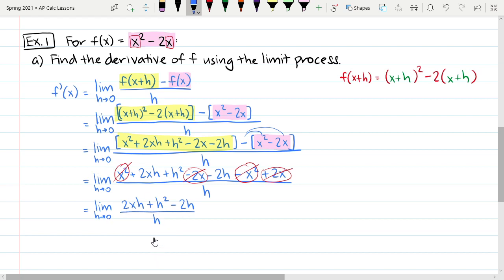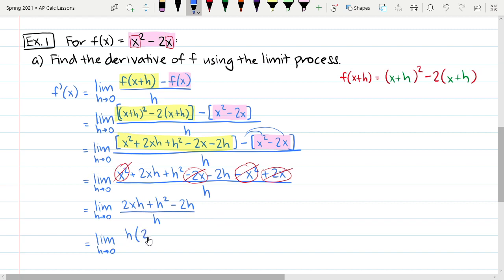If I were to use direct substitution right now, notice we're dealing with h approaching 0. So if I were to use direct substitution, remember that we would be substituting for h, not for x. And if I were to do that, I would get 0 over 0. So I do need to continue rewriting this function. Well, I can definitely factor out an h from the numerator.